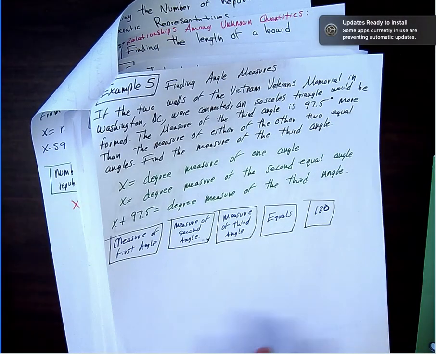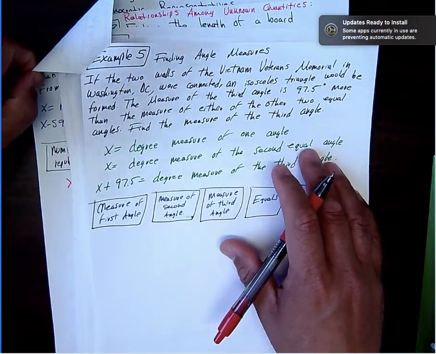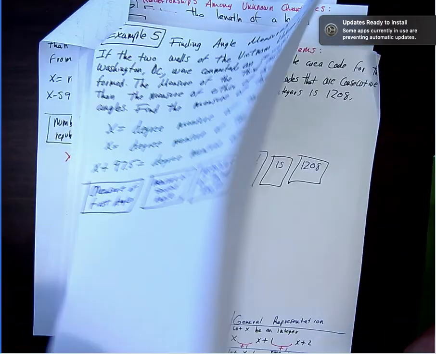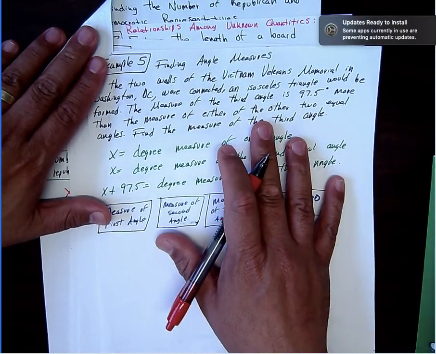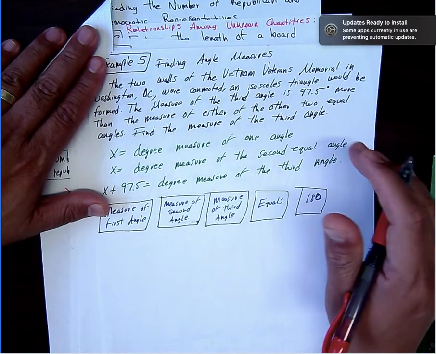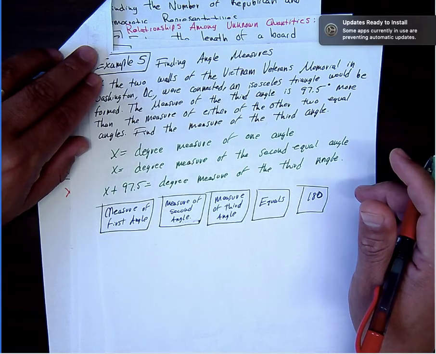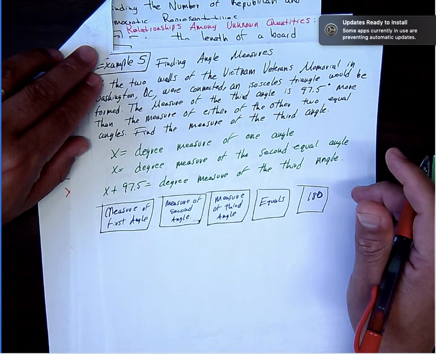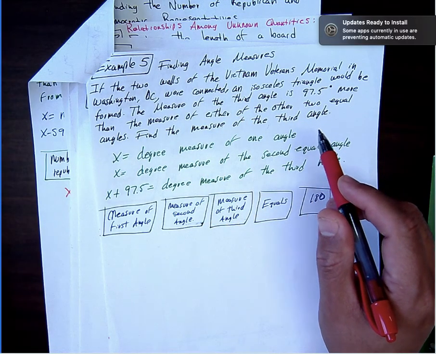Two more examples. Finding this, this is I think more of the same. So I think I'm gonna skip 5 because it's more of the relationships among unknown quantities. And it's talking about an isosceles triangle.